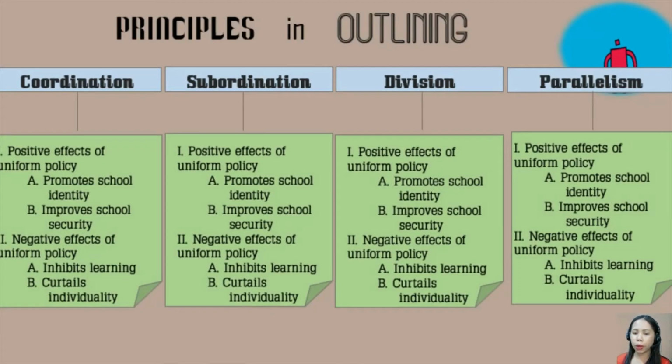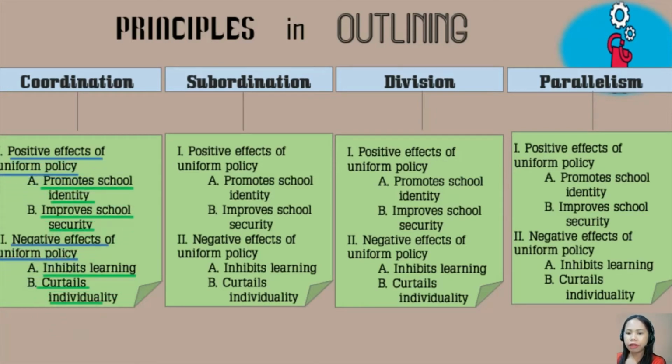First is coordination. In outlining, coordination is a principle that enables you to maintain a coherent and consistent document. Coordination means equal significance, have comparable numeral or letter designations, just like what we have here.